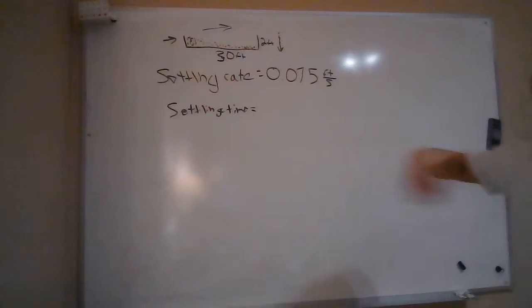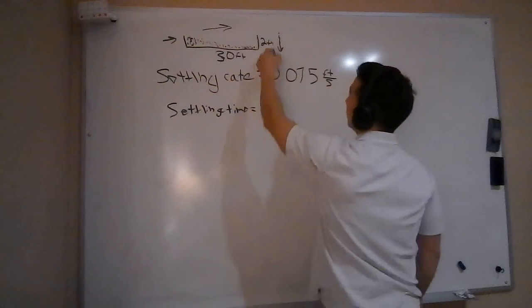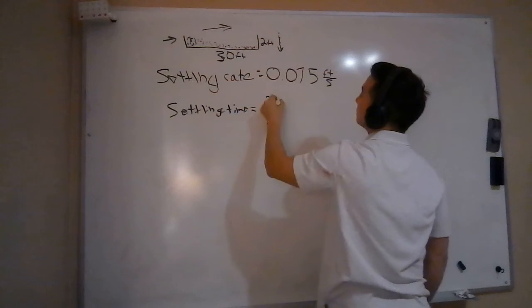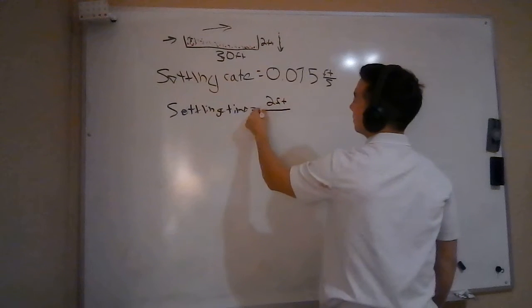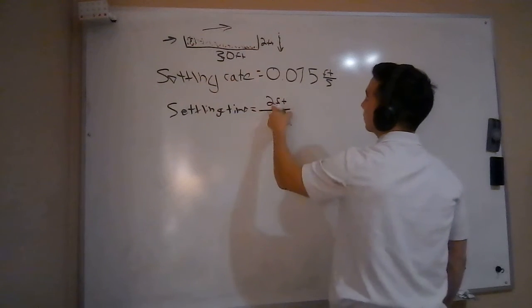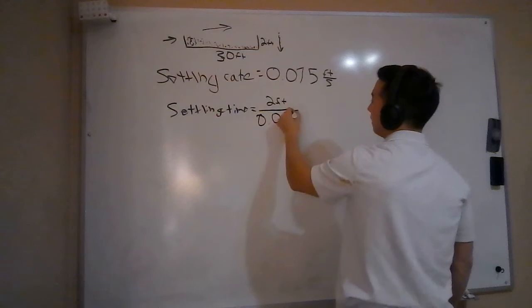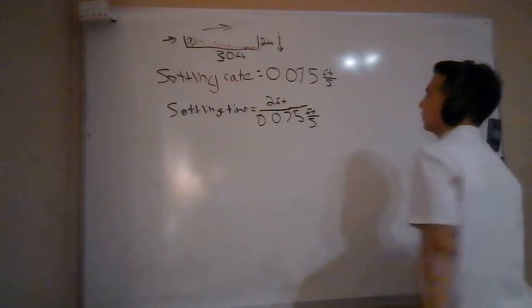So when we talk about settling time, we know that our depth or height of our channel here is 2 feet. We are given the settling rate of 0.075, so we're going to divide that 2 feet by 0.075 feet per second. So what do I have here?